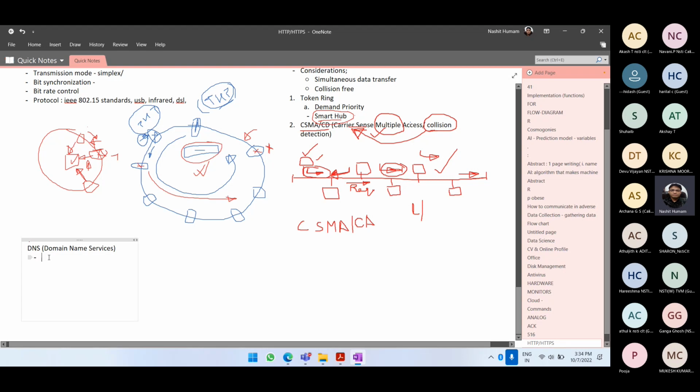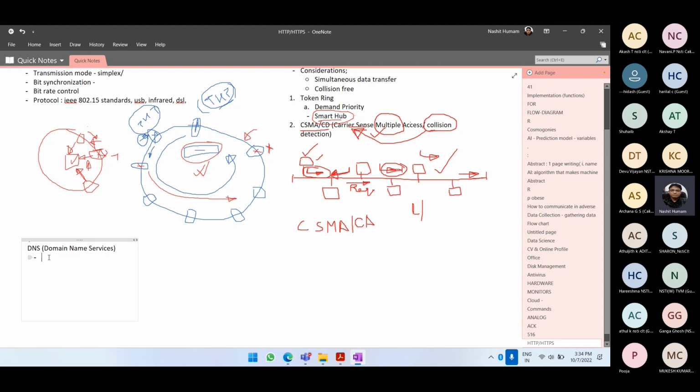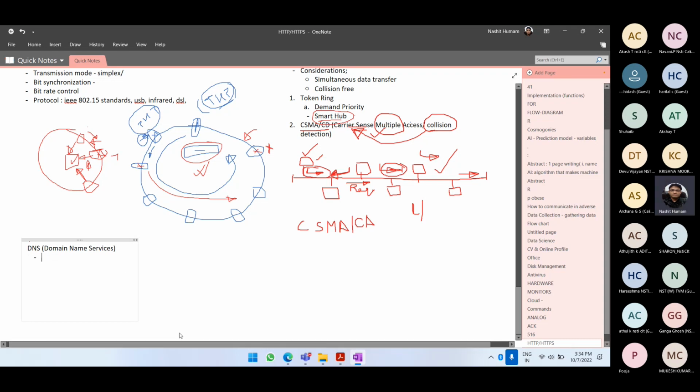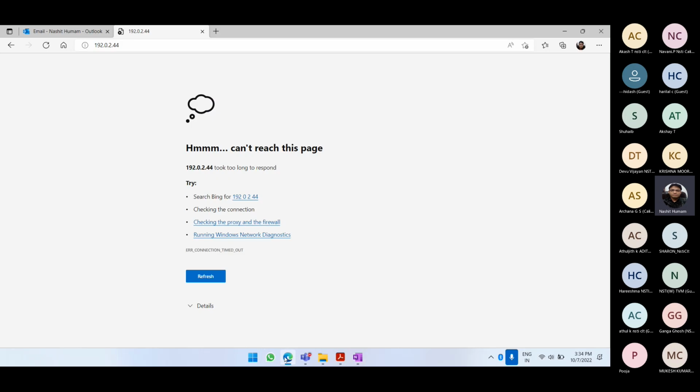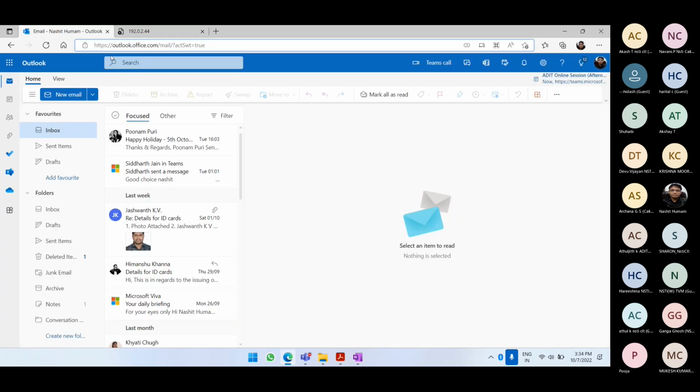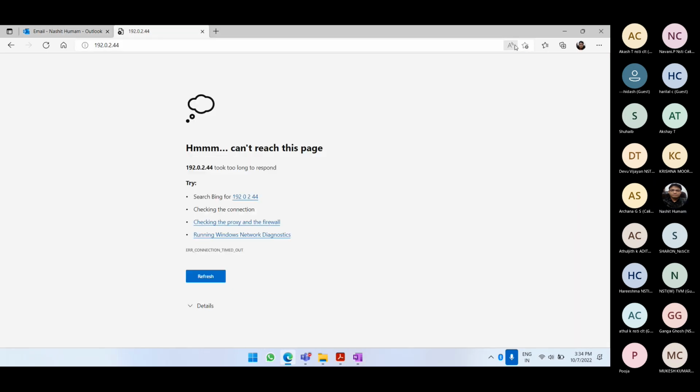Meanwhile, let's get started with the DNS, that is Domain Name Service. Now, what happens in this domain name service is, I hope we understand the domains, right? Suppose I am working on something called Outlook.